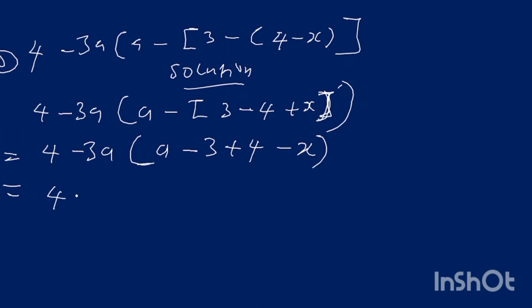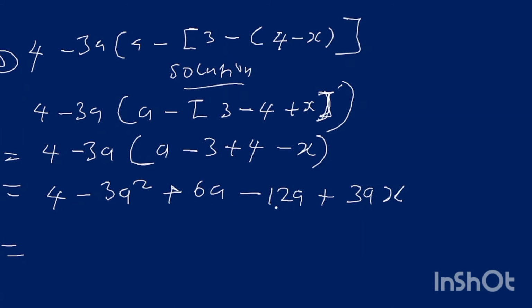That is 4 minus 3a squared plus 6a minus 12a plus 3ax. Is there any like term for us? Yes, there are like terms. This is a and this is a. So we take that to say this is 4 minus 3a squared, 6a minus 12a will give me minus 6a plus 3ax. This is the answer.